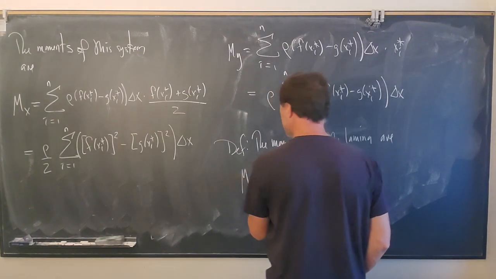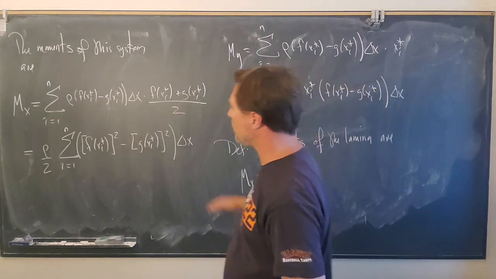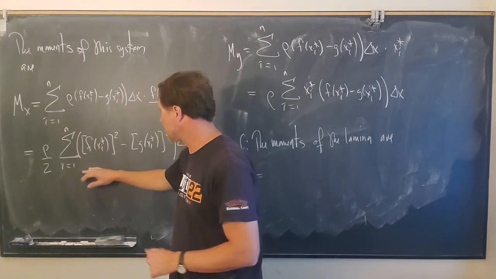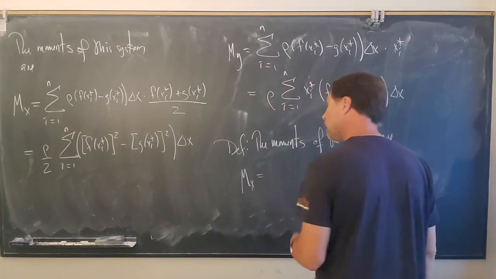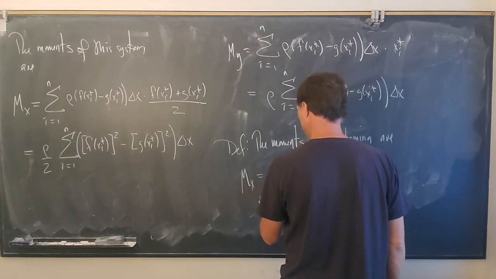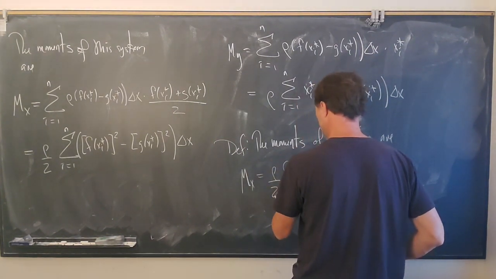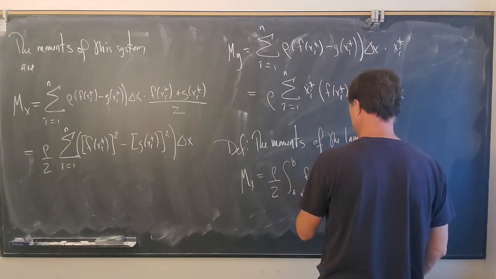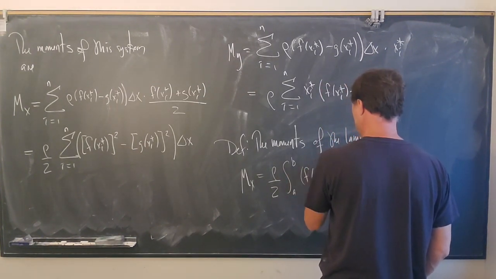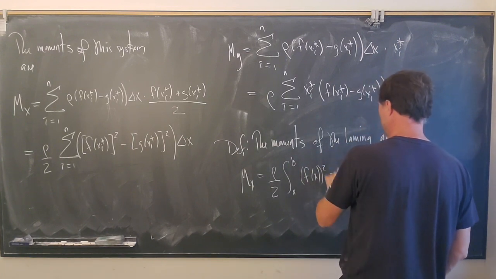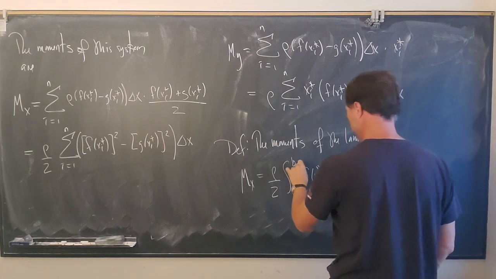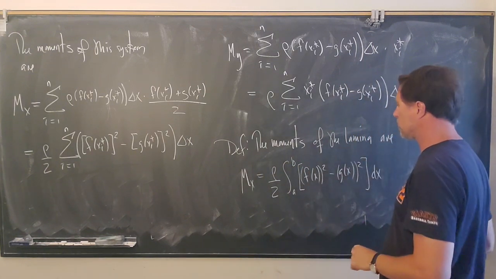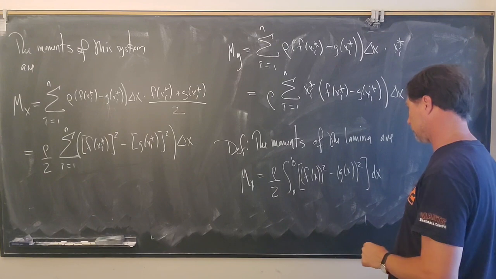So m sub x is going to be the limit as n goes to infinity of this. Notice this is a Riemann sum right here, and so it's going to then become an integral, so it'll be rho over 2 times the integral from a to b of f of x squared minus g of x squared dx. Right, so there's the moment about the x-axis.